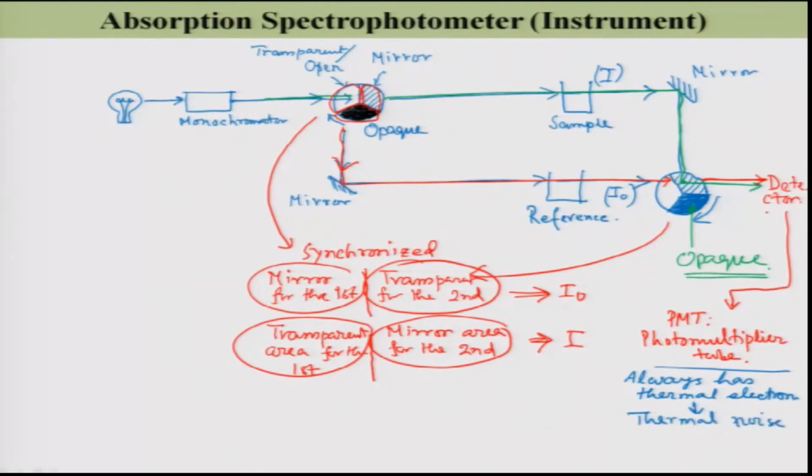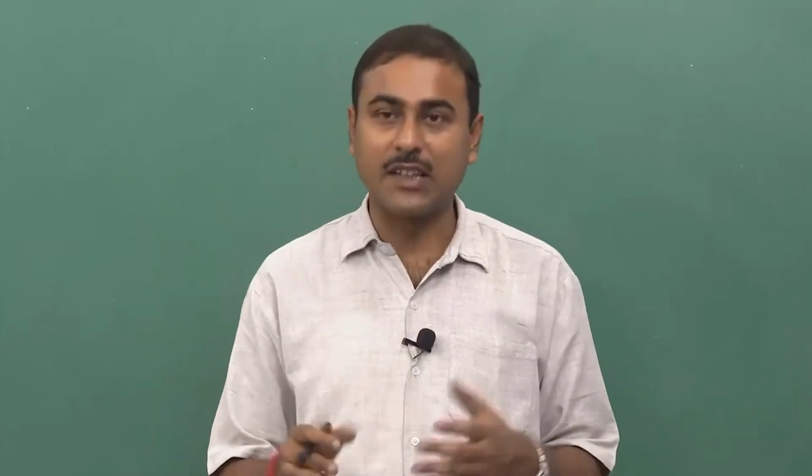Now, if you can cool it down, let us say you put the whole system in liquid nitrogen at 77 Kelvin, the number of thermal electrons will be much smaller, and there will not be much count from the PMT, but that is expensive.